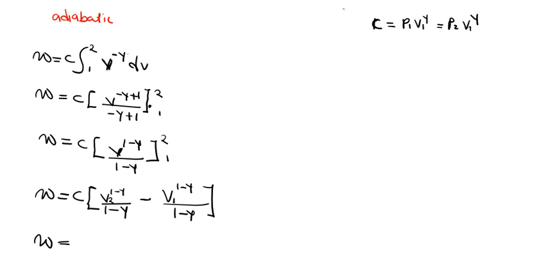I want to distribute this constant here, so that will be C times the same volume, V2 to the 1 minus gamma over 1 minus gamma, minus V1 to the 1 minus gamma over 1 minus gamma.